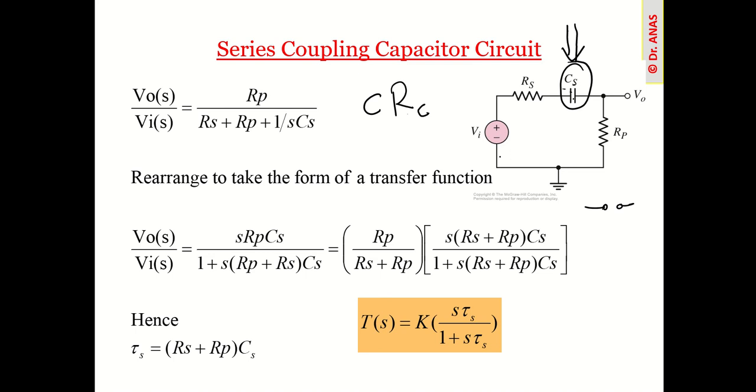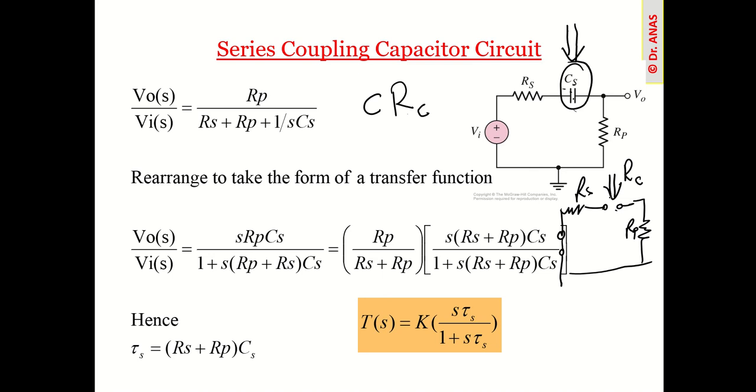and any source, for example a voltage source or current source, will be removed. A voltage source is always short circuited. We make it open wherever we want to look, and for the rest we just draw our circuit, Rs and Rp. We want to see the resistance seen by this capacitor.